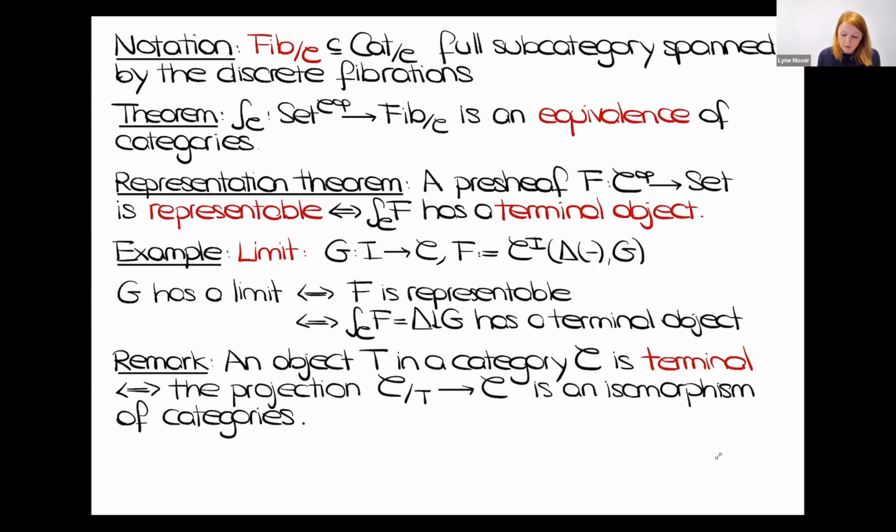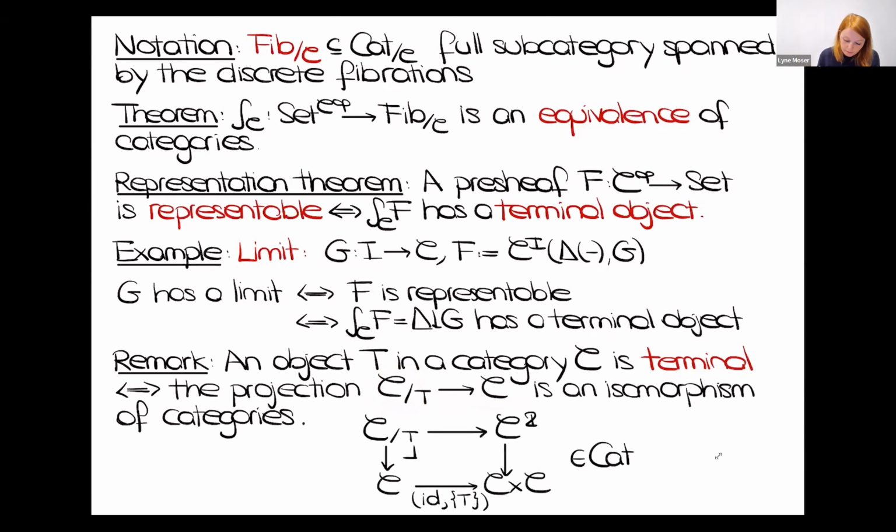Namely, an object T in a category is terminal if and only if the projection from the slice is an isomorphism of categories. So this category has objects the morphisms to T, and then the morphisms are the commutative triangles over T. And in particular, I can describe this projection as a certain pullback of the source and target maps from the category of morphisms in C along this bottom. Okay, so that was for the one categorical case.